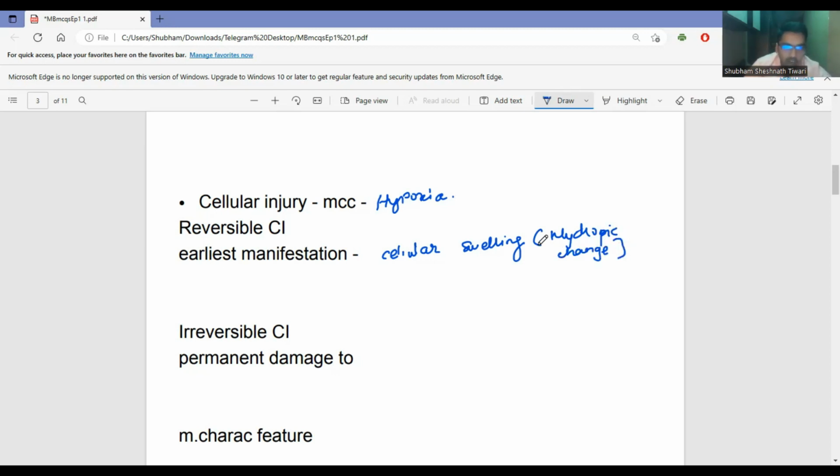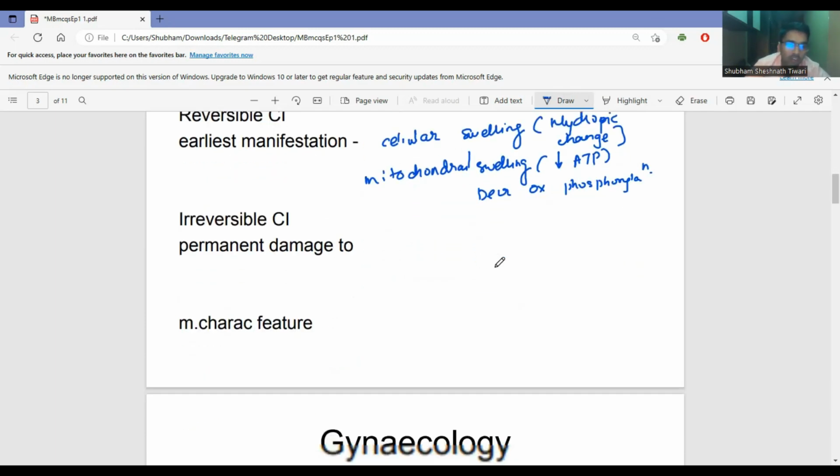And in reversible cellular injury, you can also notice mitochondrial swelling, because of which there is decrease in ATP, which can also be called decreased oxidative phosphorylation. So that was one of the options. Even the hydropic change was one of the options.